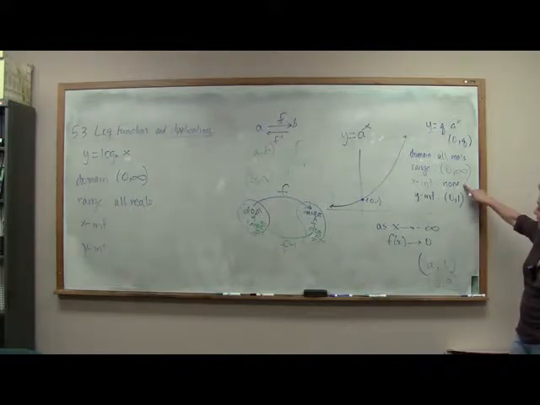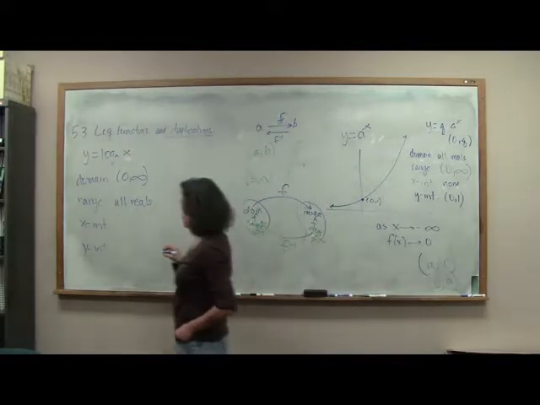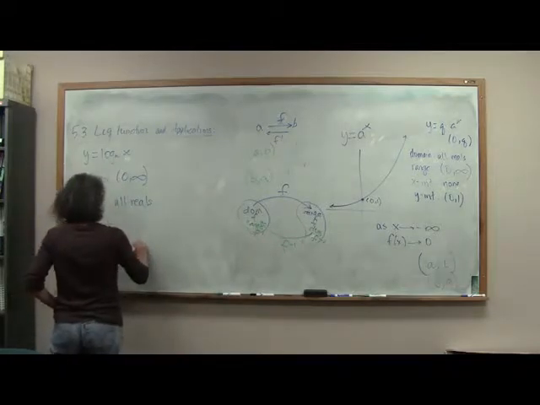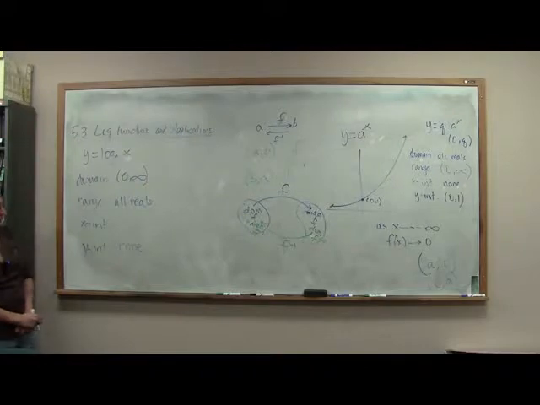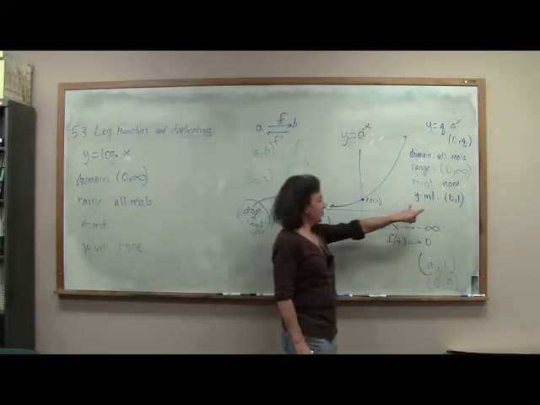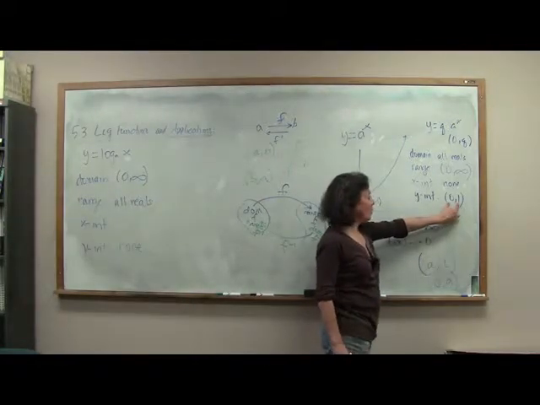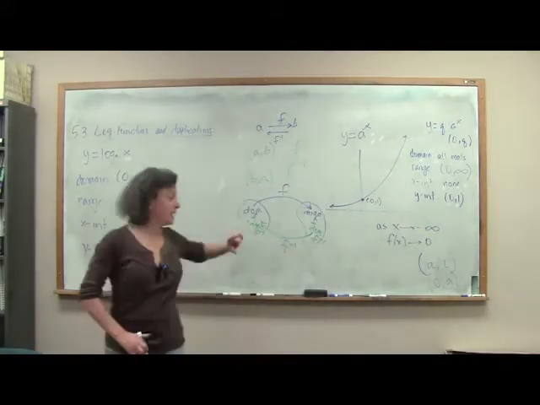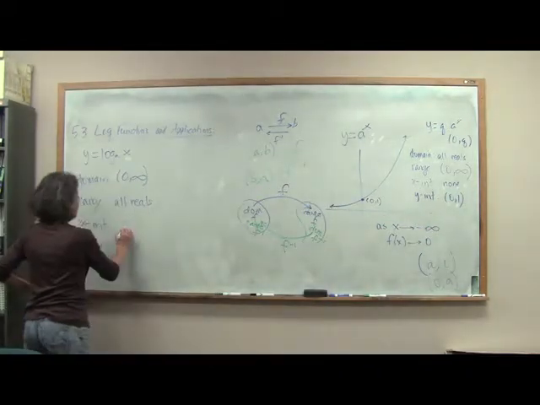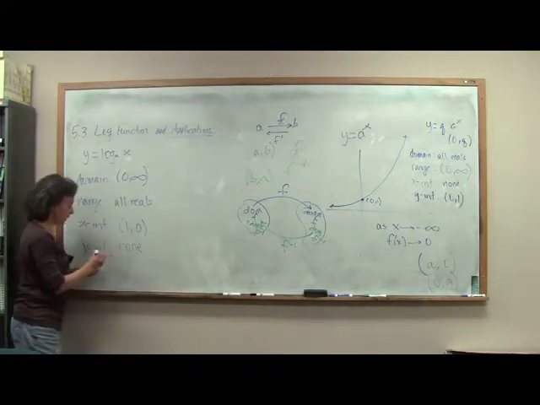In other words, just like there was no x-intercept here, there's no y-intercept for this guy. Similarly, notice the point (0, 1) lives on this guy. Therefore, for the inverse, we have the ordered pair (1, 0).